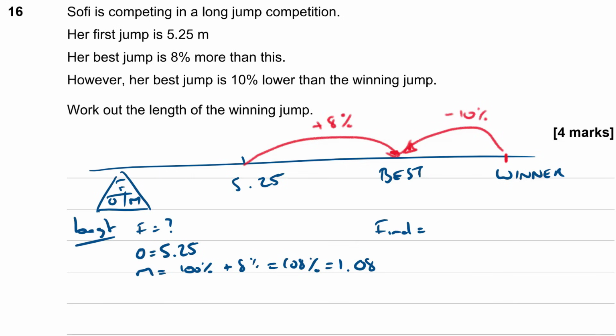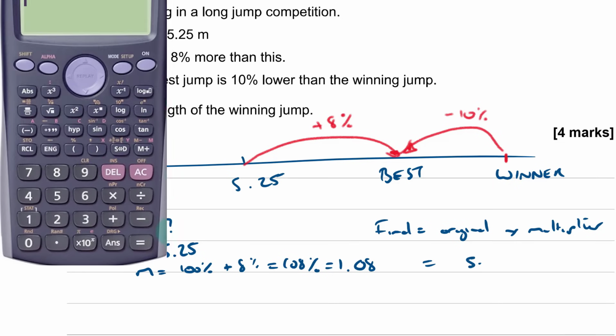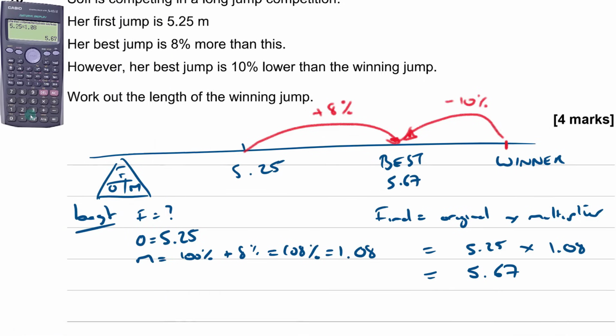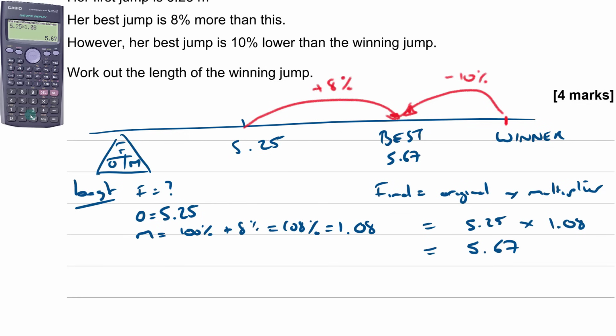So our final is equal to our original times our multiplier. In this case, the original was 5.25 times the multiplier of 1.08, and 5.25 times 1.08 gives me 5.67. So 5.67 is her very best jump. Okay, but the winning jump, well, this 5.67 is 10% lower than the original amount.